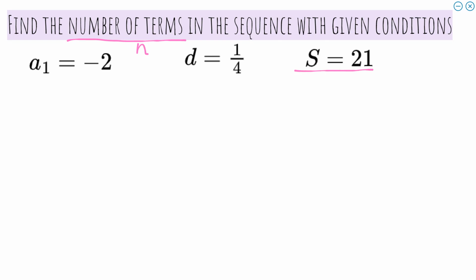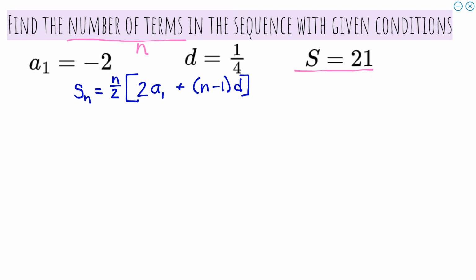So what we're going to do is we're going to take our sum. So we know S sub n, the formula for that, because especially when we only have a1, we know that's n over 2 times 2 a sub 1 plus our n minus 1 times our common difference.